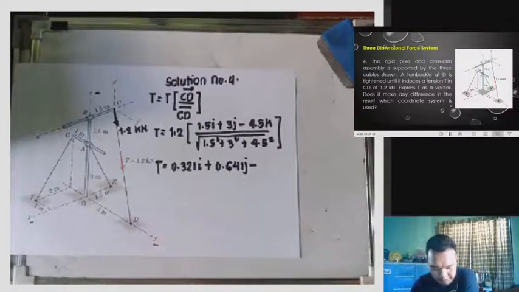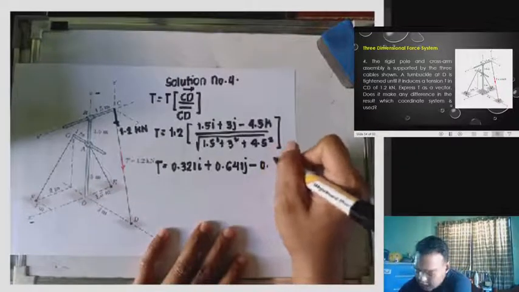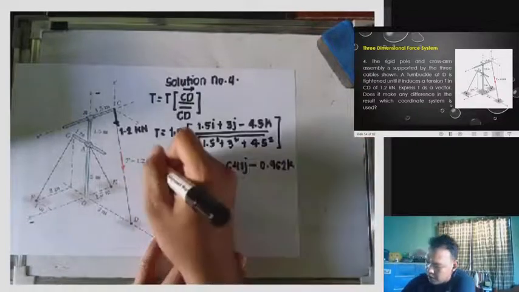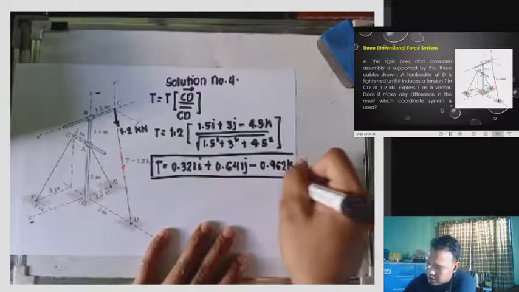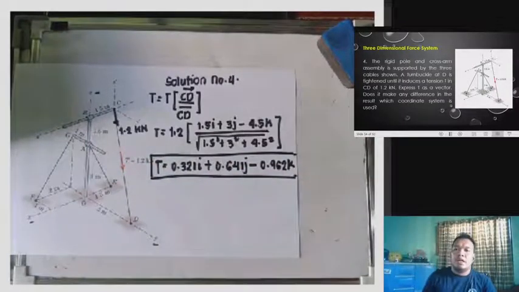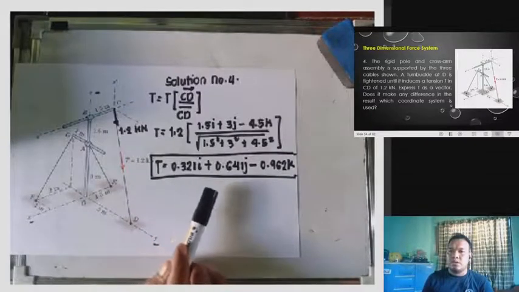Negative 0.962K. Therefore, ito po yung value ng tension wire natin in vector component. Okay? So, this will be the value of T as a vector component natin.